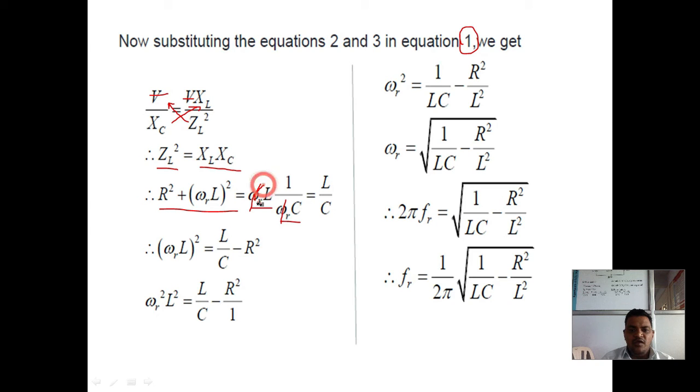Hence only the L and C parameters remain as they are.